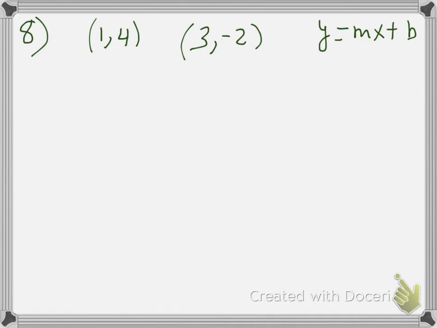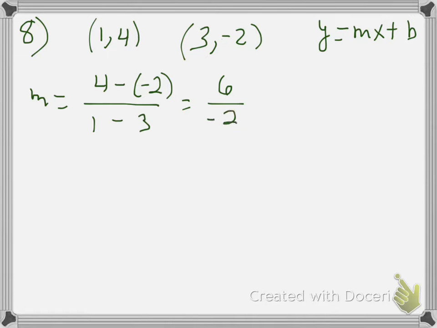So what we need here is the slope, which is change in y over change in x. So 4 minus -2, the other y coordinate, over 1 minus 3. And 4 minus -2 is 6. 1 minus 3 is -2. So that gives us a slope of -3.